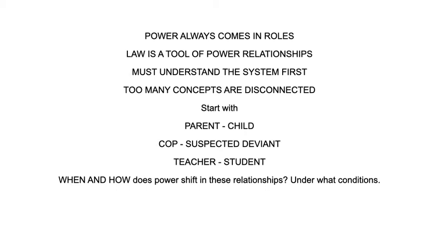Now, probably not as devastating as being shot, but you see kind of the dilemma here. So instead of looking at power as an object, you need to start thinking about them in relationships. That's really the thing I'm going to focus on in grading you in your papers and in your final exam. So what you need to be focusing on, thinking about, theorizing, critical analysis is when and how does power shift in these relationships and under what conditions.